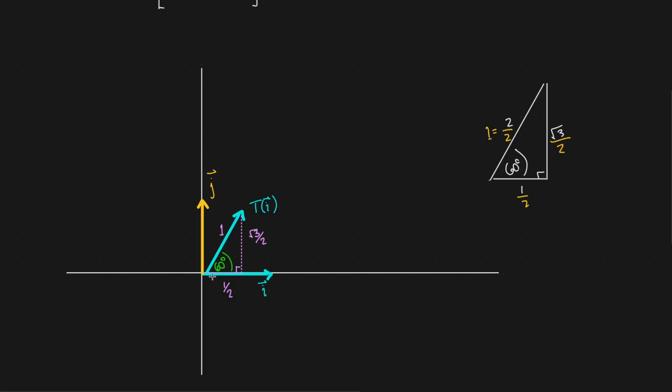Okay, and so from this we could see the x is 1/2, y is root 3 over 2, and so the transformation on I is 1/2, root 3 over 2. That's the new vector. Okay, we want to do the same thing with J.